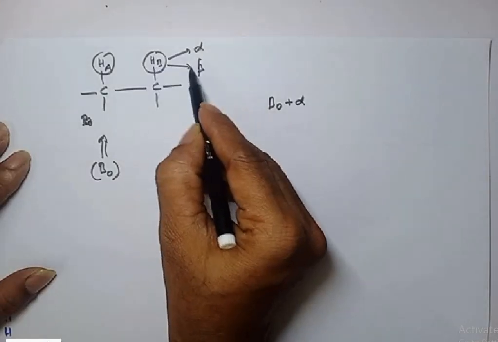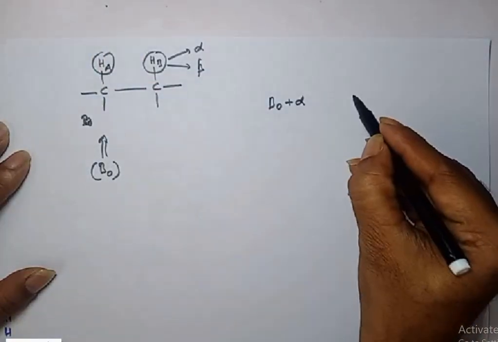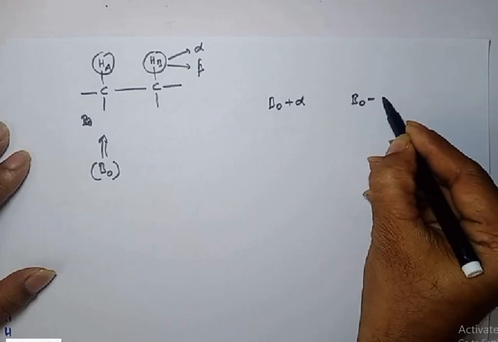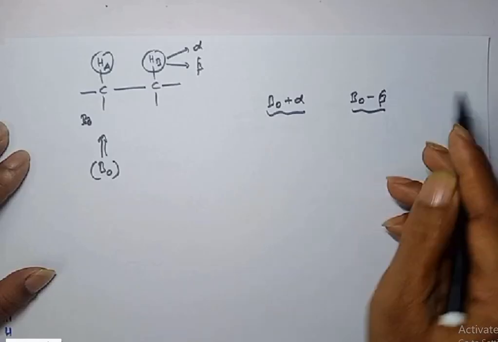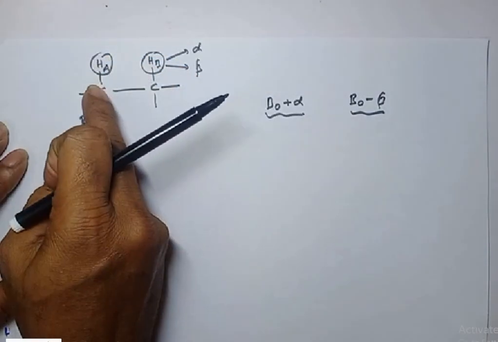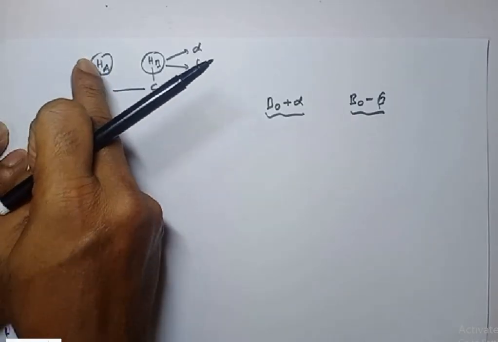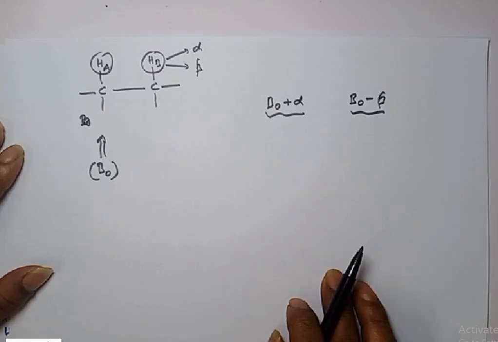The field due to beta will oppose the external magnetic field, so B0 minus beta. So B0 plus alpha and B0 minus beta are the fields actually faced by the proton of nucleus A.